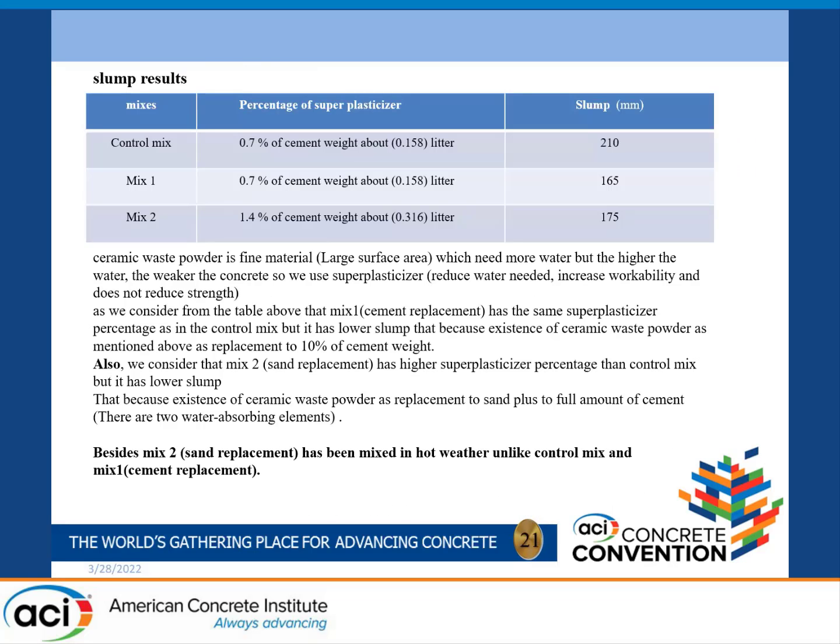When we did the slump test, we noticed that mix two absorbed the most water because of the existence of ceramic waste powder added to sand. So there are two water-absorbing elements.